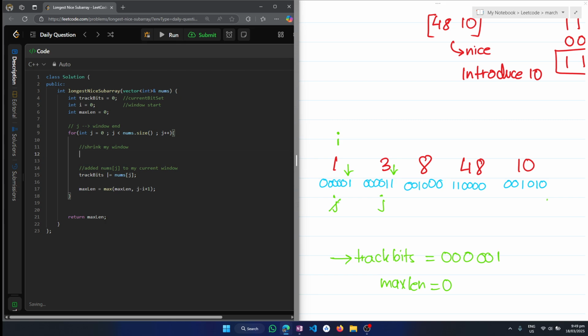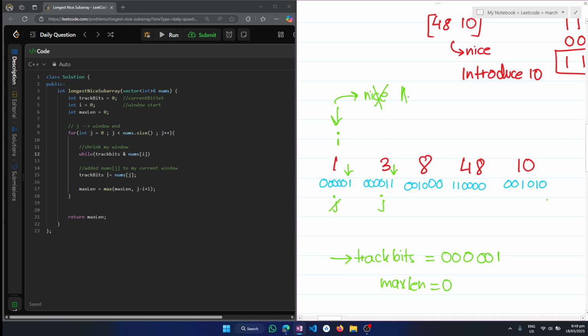How am I going to shrink my window? I'm going to say something like this. While track bits and nums of i, you see, this is the person who's causing a problem. Because of this person, the subarray which I'm getting is not nice.